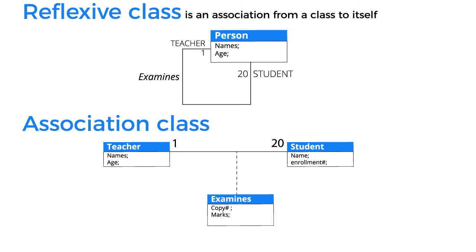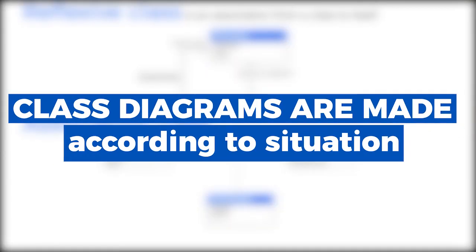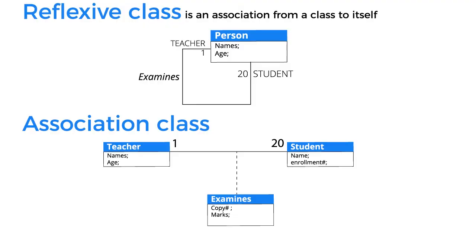If there is an association between the classes and the properties are also the same for the two classes, you will need to define it as a reflexive association. Then if there is a case when the association needs to have its own properties as well, you will definitely need to draw an association class between them. So again, it all depends on your requirement, your choice, either reflexive, associative or the normal.